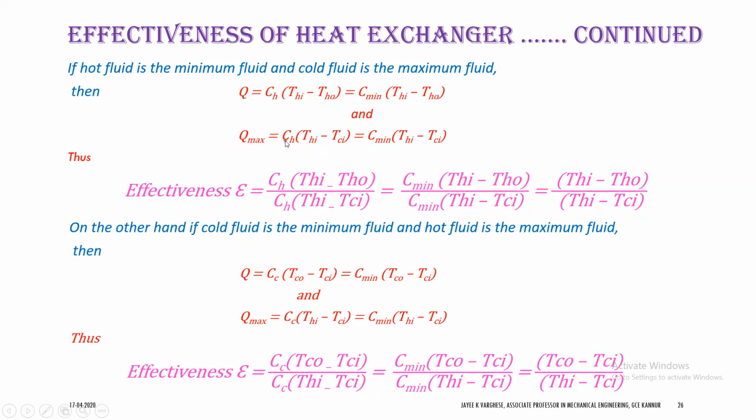So Qmax is equal to Ch into Thi minus Tci, and since the hot fluid is the minimum fluid, that is C min into Thi minus Tci. So the actual heat transfer is C min into Thi minus Tho, and the maximum heat transfer is C min into Thi minus Tci. So now effectiveness is equal to Ch into Thi minus Tho.